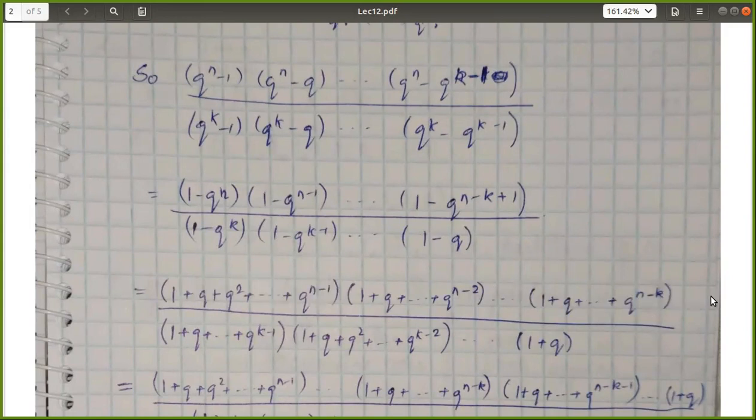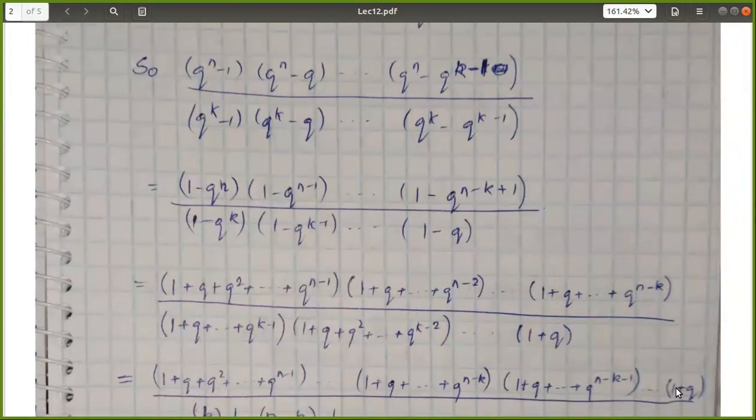The rest of the terms, 1 plus q and so on till 1 plus q to the n minus k minus 2 and so on till 1 plus q, this entire product of polynomials, I multiply here and I divide by it. But what is this polynomial actually? This is q factorial of n minus k. Isn't that so?